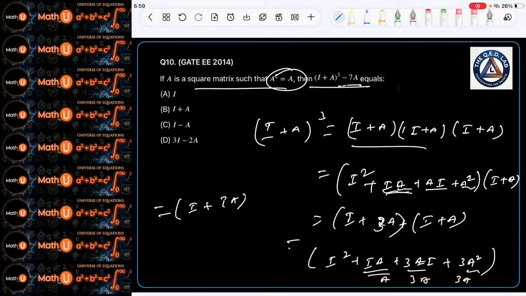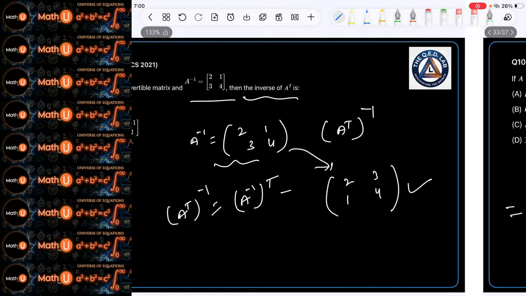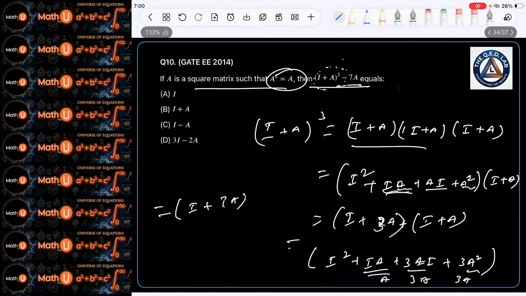That is minus A. Substitute here in place of I minus A, the 7A gets cancelled, and finally we get the identity matrix as the correct answer.